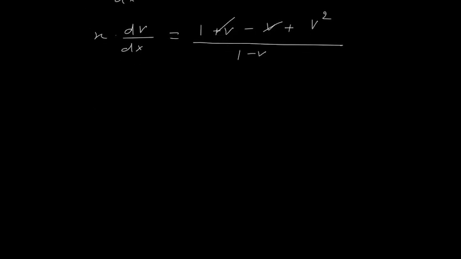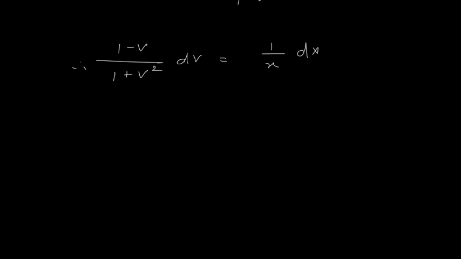So therefore I will move all v terms with dv and all x terms with dx. So I will get (1 minus v) upon (1 plus v square) into dv is equal to 1 upon x into dx. Now I will integrate both the sides.